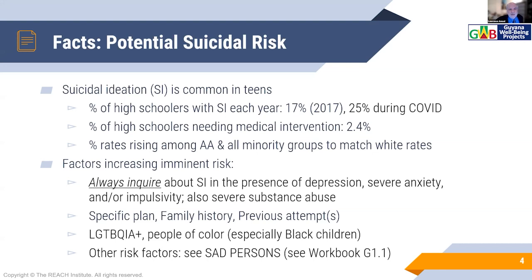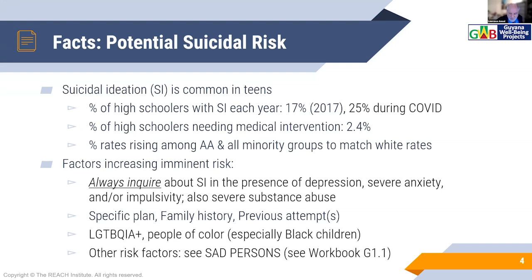Among high schoolers, the percentage that need medical intervention, in other words, whose suicidal ideation is so severe or who made an attempt, is 2.4%, and the rates are rising among African Americans and minority groups to match white groups. It used to be one of the paradoxes that Blacks in America had lower rates of suicidal ideation.